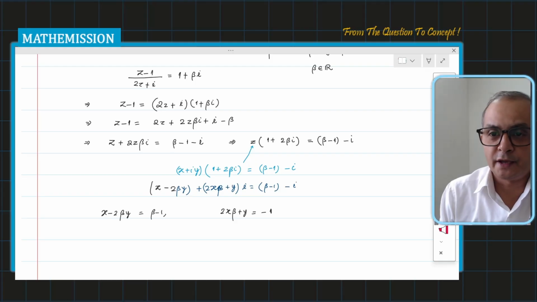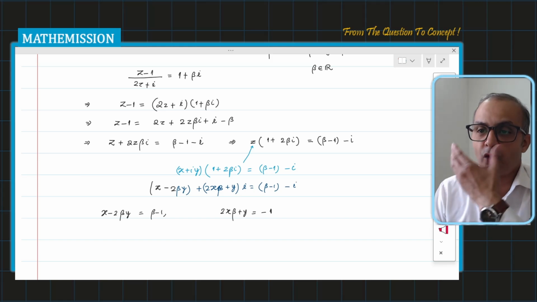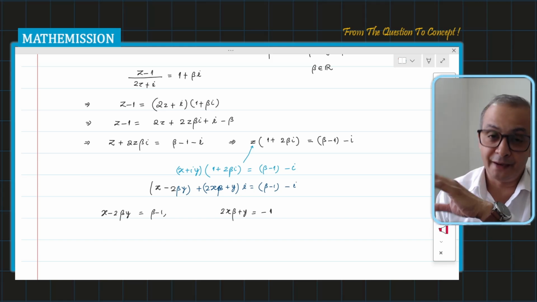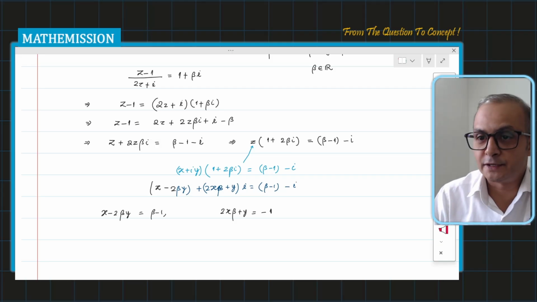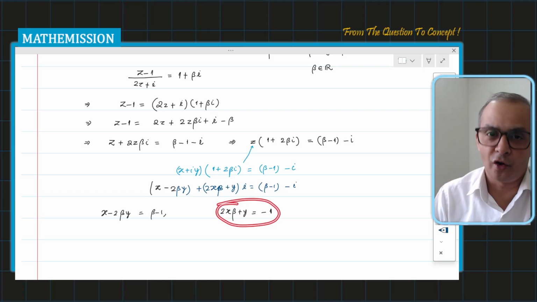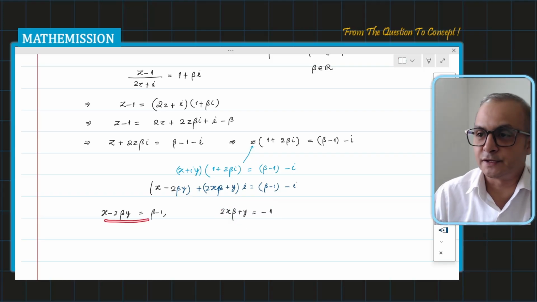So notice from here I can get the value of 2 beta, because we want to eliminate 2 beta from these two equations. Let's find out the value of 2 beta from here and substitute it in this. What I mean to say is that from here I can find the value of beta or 2 beta and substitute it in this first equation.